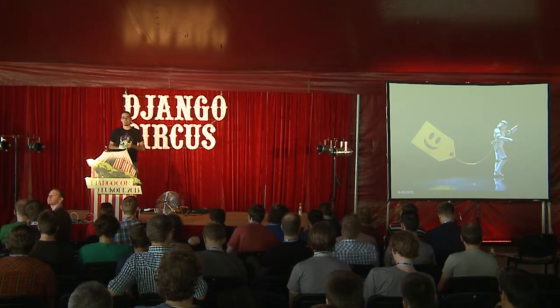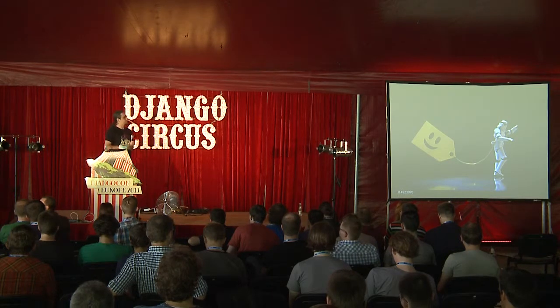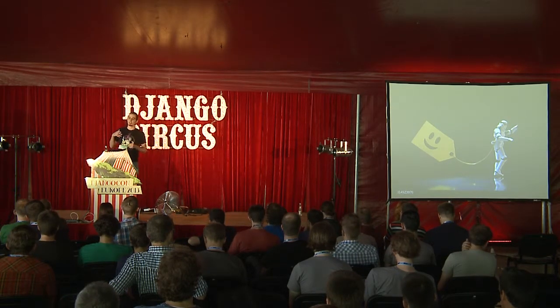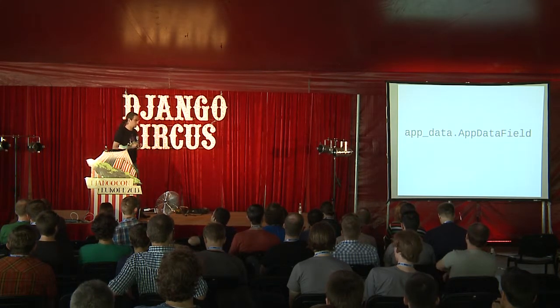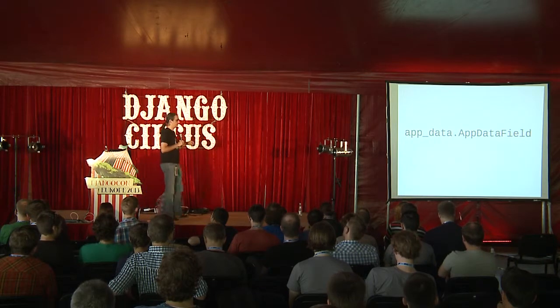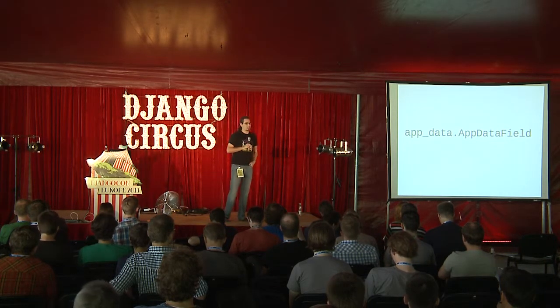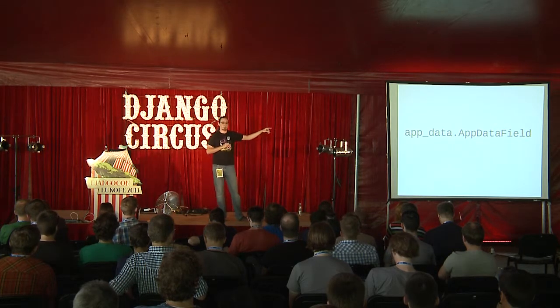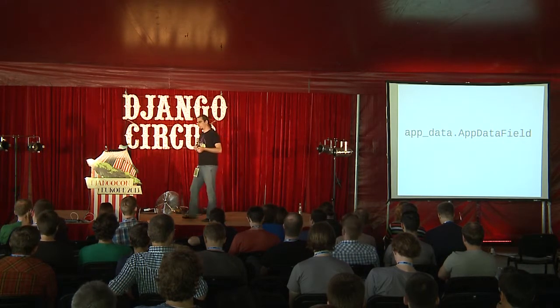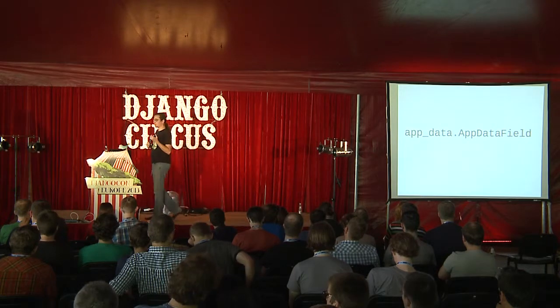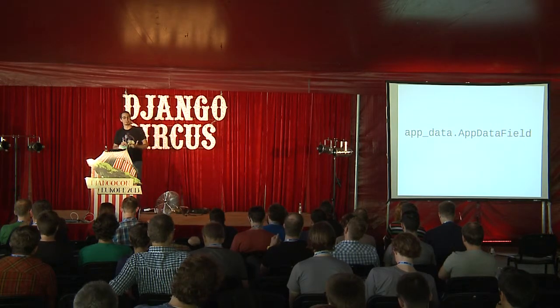So what we did instead, we borrowed a lesson from the NoSQL databases and just threw JSON at it. So we created an application called UpData. You can just install it from pip, django-updata. And it provides an UpData field, which is basically a JSON field with predefined namespaces.